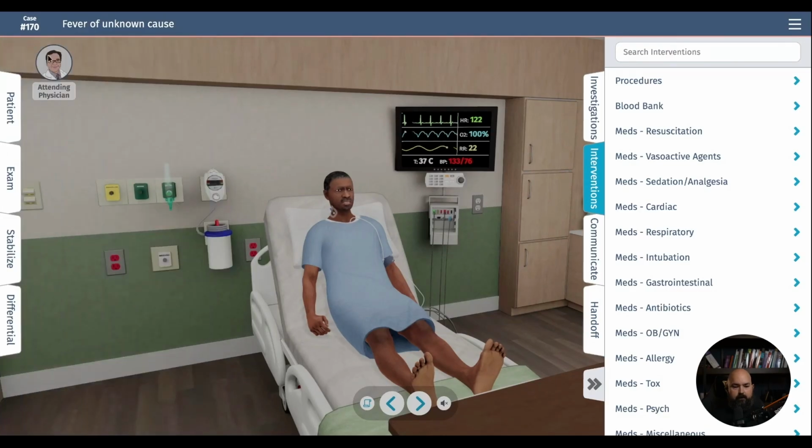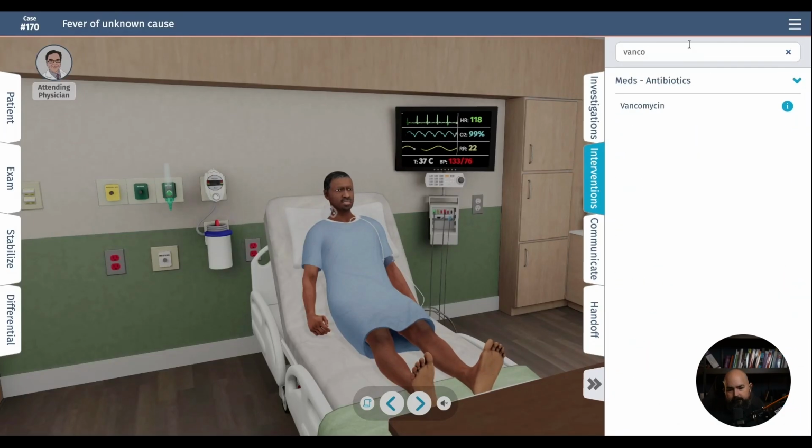There's an ask your attending over here button if you need a clue, but there will often be speech boxes that pop up that either hint at some things, or if the patient has a changing condition, it will point to that as well. So we gave him a little antipyretic, we've given him some IV fluid, now let's give him some antibiotics. But wait, what antibiotics do we give? Vancomycin.